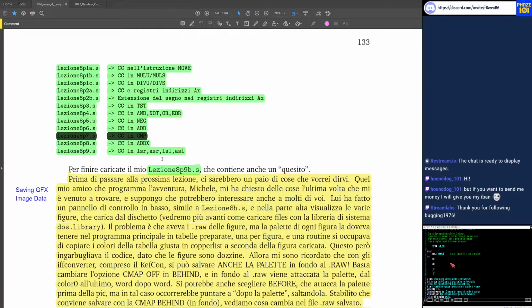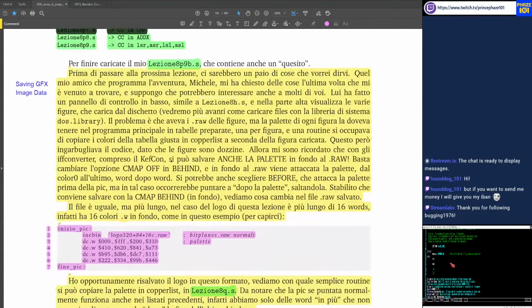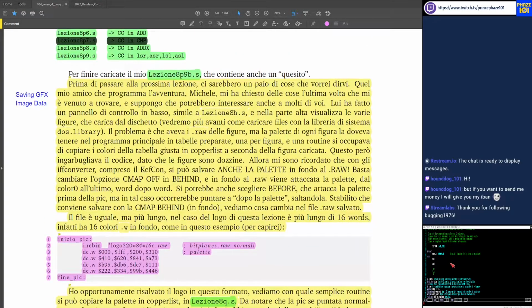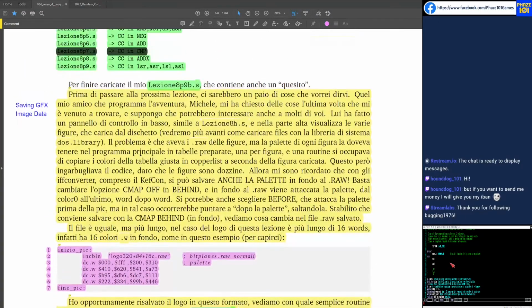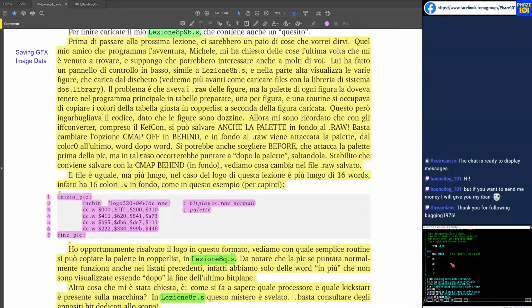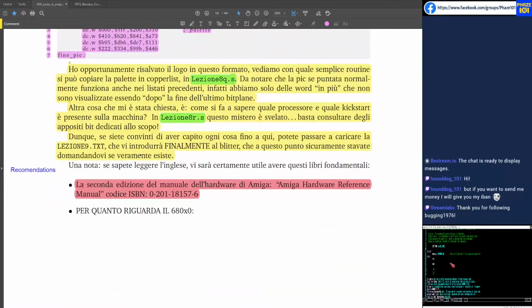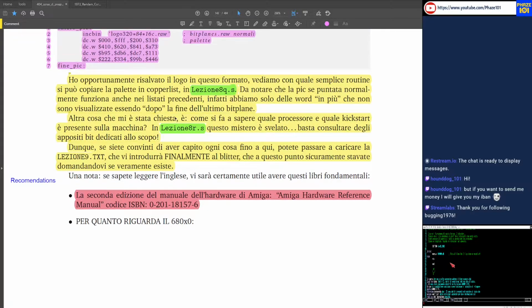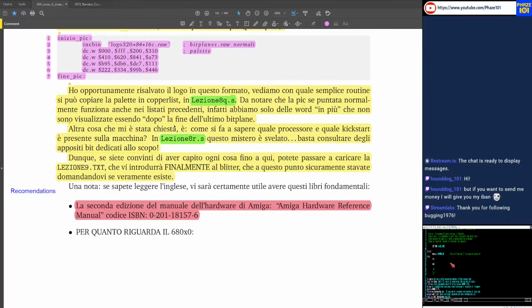Next stream, which is next week, we will finish this chapter. We will cover something interesting before we finish the chapter: how we add GFX data to our assembly instructions and how to use it, instead of importing binary. Also, and this is quite an interesting lesson, we'll end up writing something like a bootloader for the Amiga.